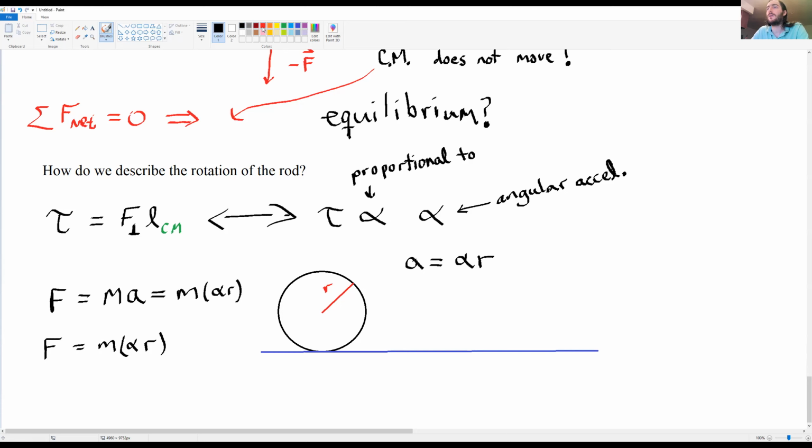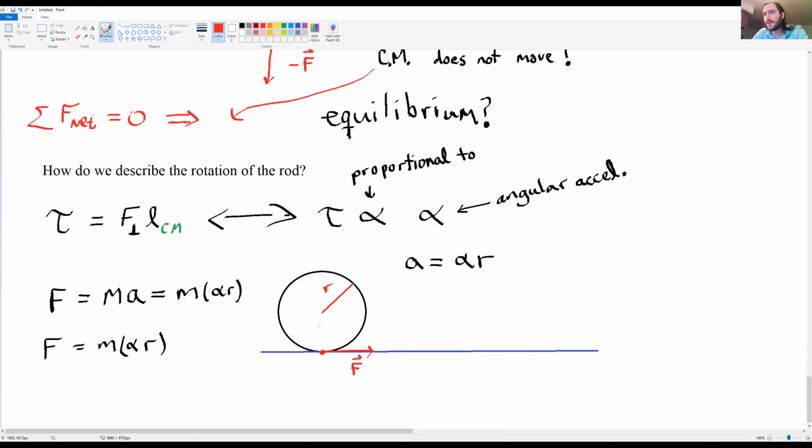And then I want to take a look here. I used red for the radius, so I wanted to use red for the force, but bear with me on this one. The force of friction between the tire and the road is really the force that moves the wheel, right? The force between the road and the tire is the force that generates the motion of your car or your bicycle.